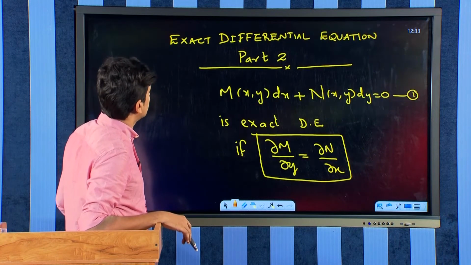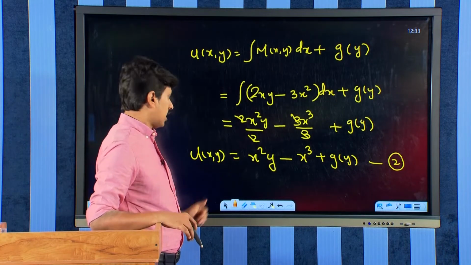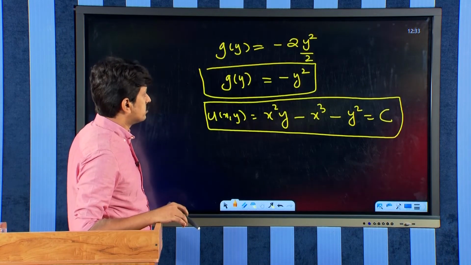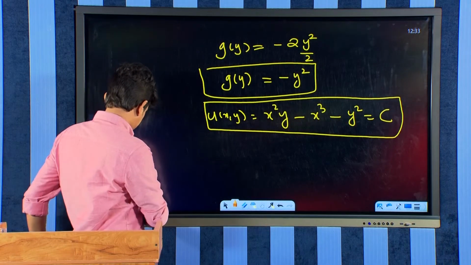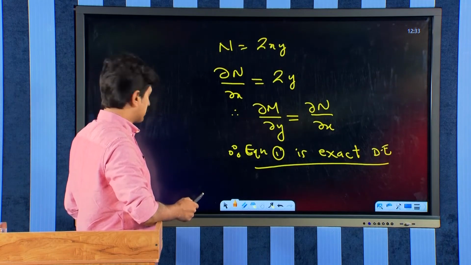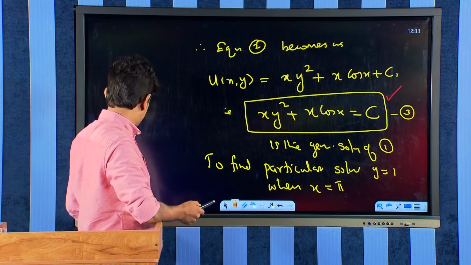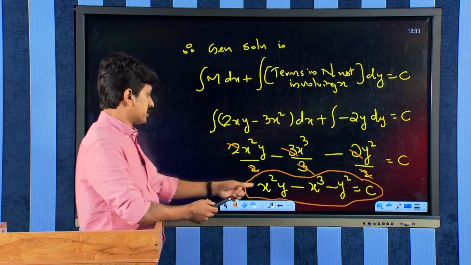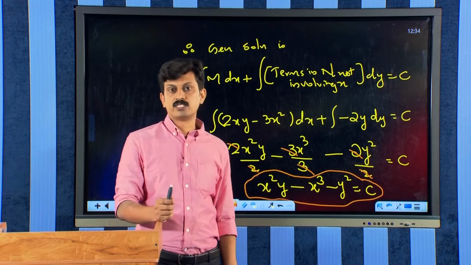We found u as x^2 y - x^3 plus g of y, and finally we found g of y, giving x^2 y - x^3 - y^2 equal to c as the final solution. Finally, we got the same solution. This is the general solution.